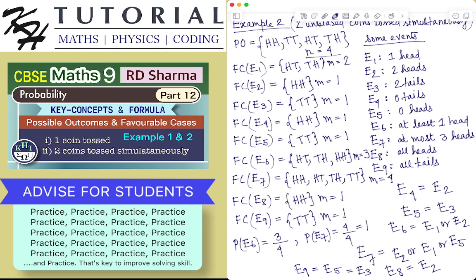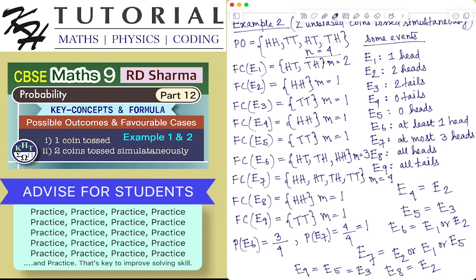You can see event E7 is a certain event, the way it has been defined, because it says at most 3 heads. Definitely, if you toss 2 unbiased coins, the number of heads will be at most 3, which means it can be 0 heads, it can be 1 head, or it can be 2 heads.